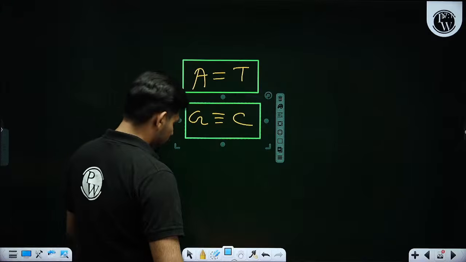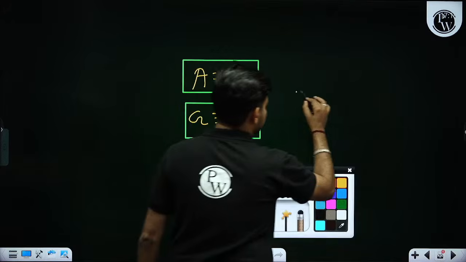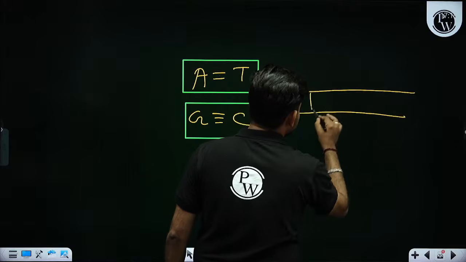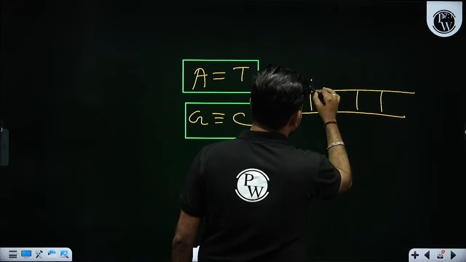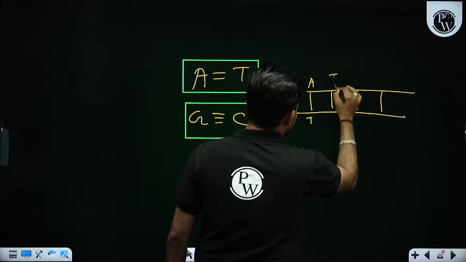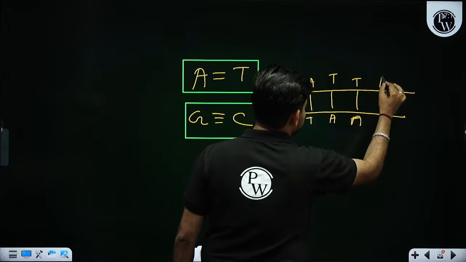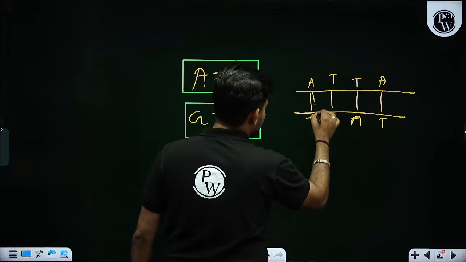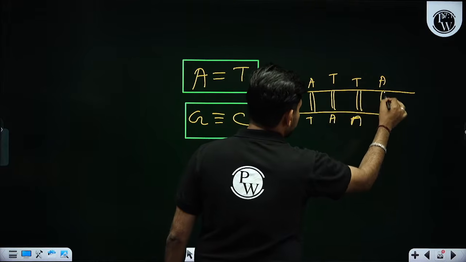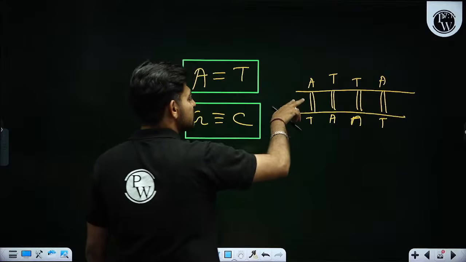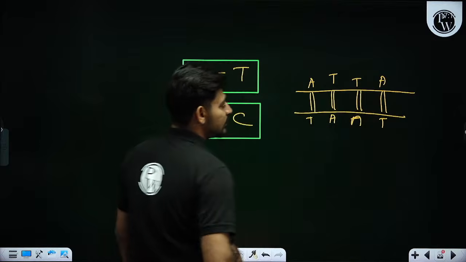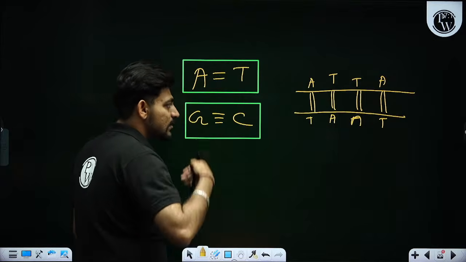Now if a DNA segment contains more A and T, then what will happen? There will be only double bonds, and it is much easier to open double bonds compared to triple bonds.